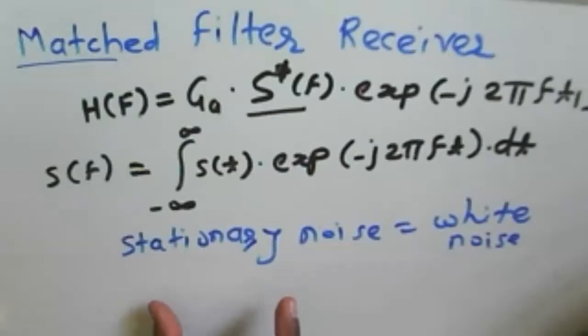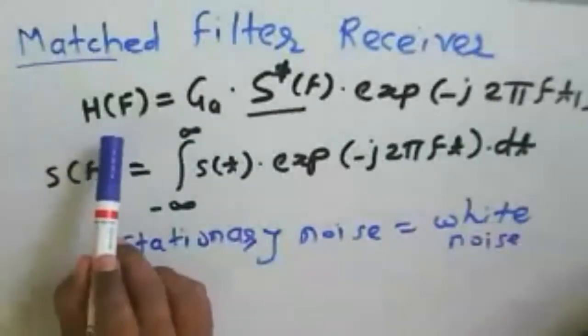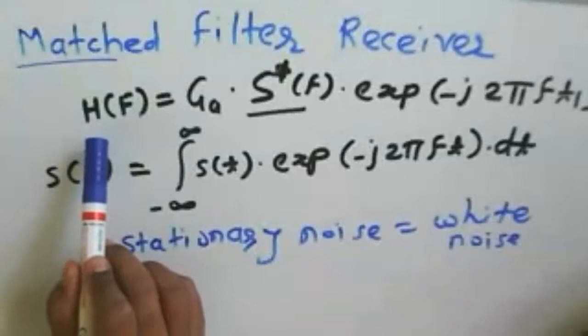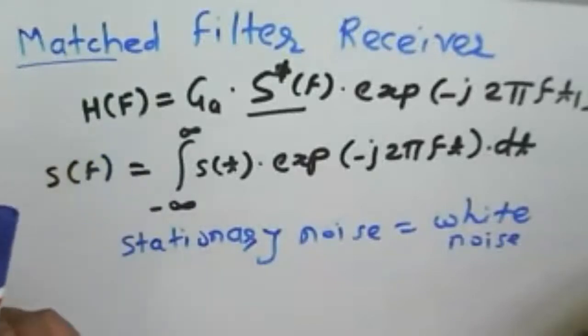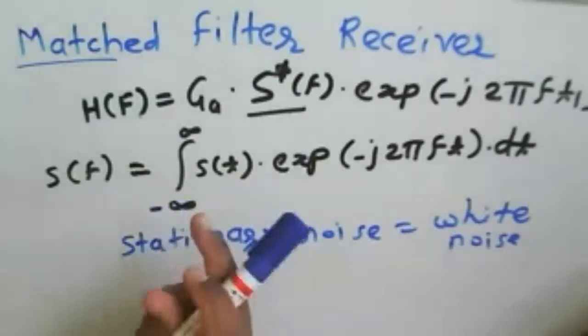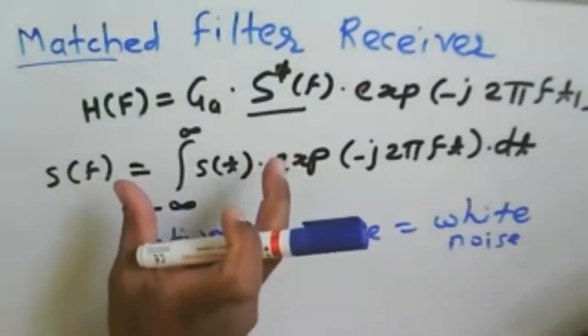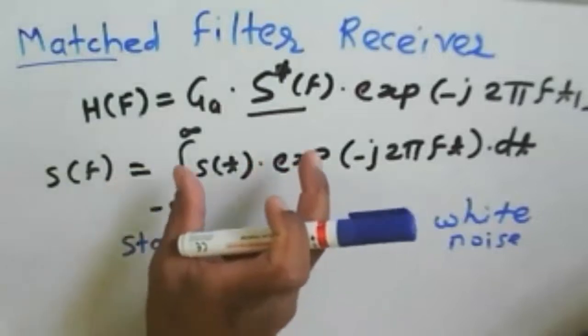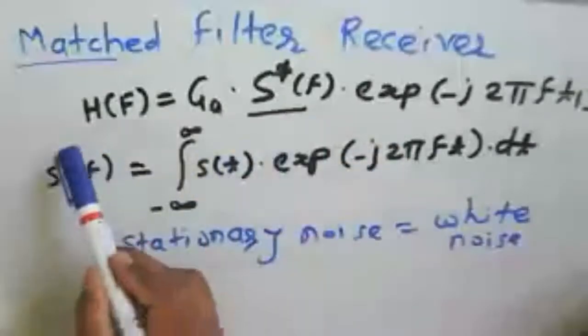So we use a filter function H of f so that it will easily remove the white noise, because that filter function has a Fourier transform correlation of the signal here.